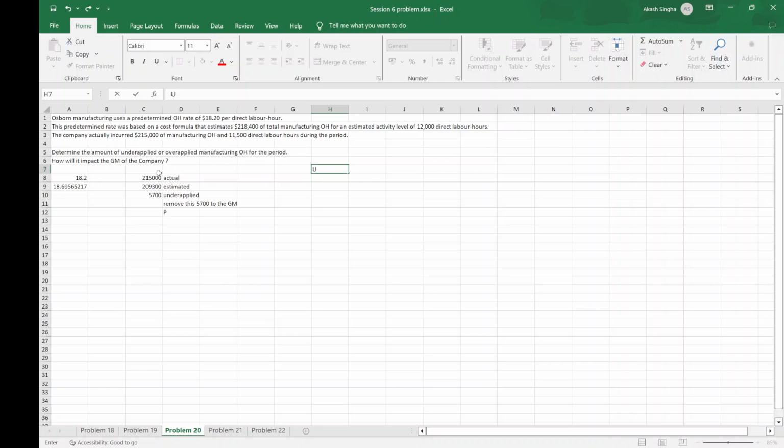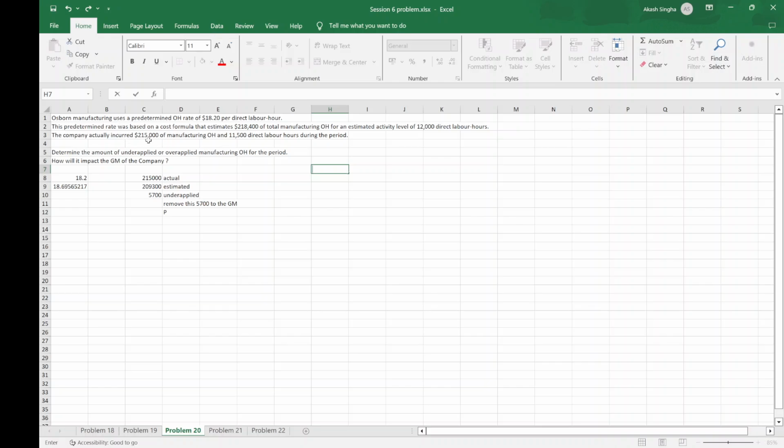So okay, for the 20th one, I'll just read the problem once. Yeah, so I read the problem. It is a simple one. So the overhead rate is 18.2 per direct labor hour, right? And it was based on an estimate of $218,400 of total manufacturing overhead on an estimated activity level of 12,000 hours.